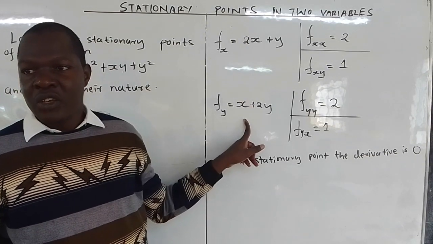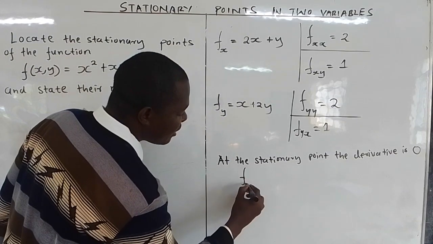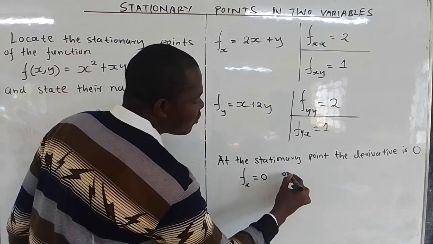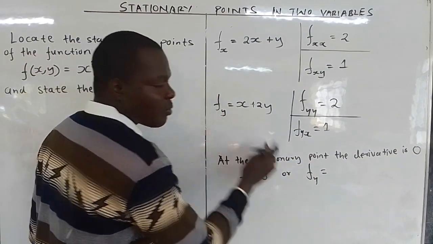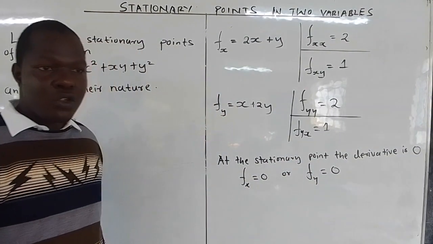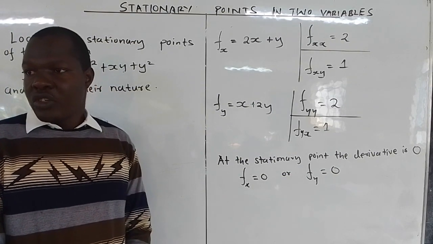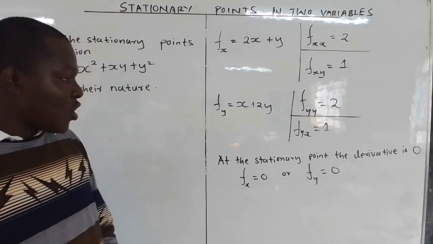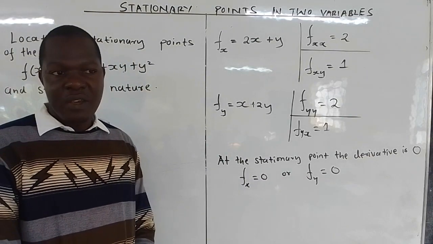Are you seeing that? If the derivative is 0, it implies this first derivative, partially with respect to x, is 0, and this derivative partially with respect to y is 0. So we are going to form simultaneous equations, isn't it? When we solve the simultaneous equations, we will be able to determine that stationary point.